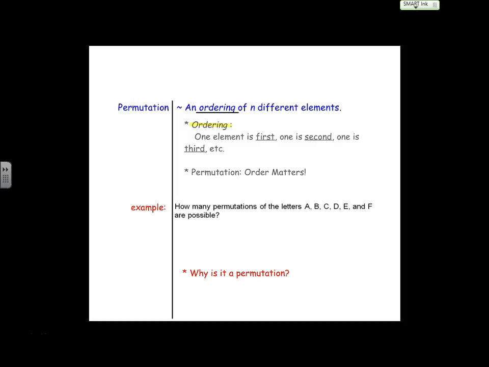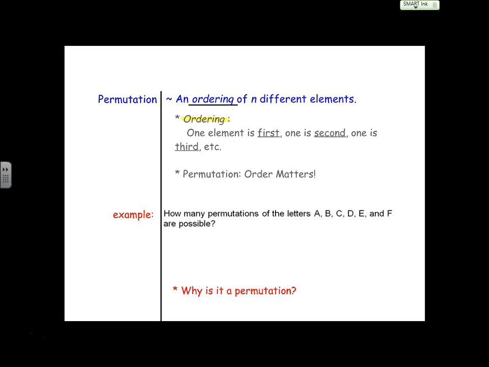Permutation and ordering. What do we do when order is important? As it has been with the license plates and with the pairs of letters and even with the computer generating numbers, order has mattered. And ironically, every time that we have written these blanks, the order has mattered as well.